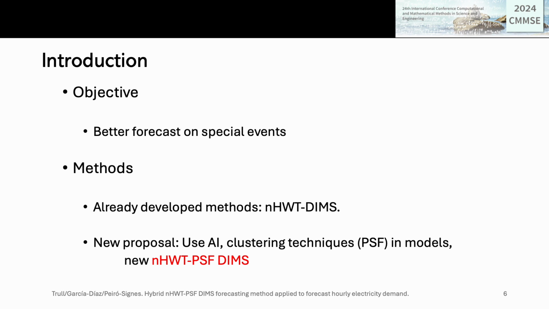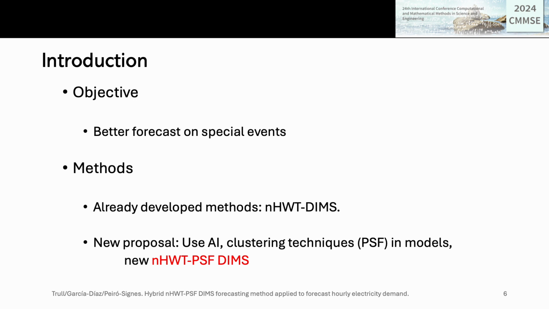But in the past, we developed the multiple seasonal Holt-Winters using discrete interval moving seasonalities models that improve results compared to the other methodologies. The advantage of using this method was that the special event was modeled as a new seasonality within the model, not modifying the original one.